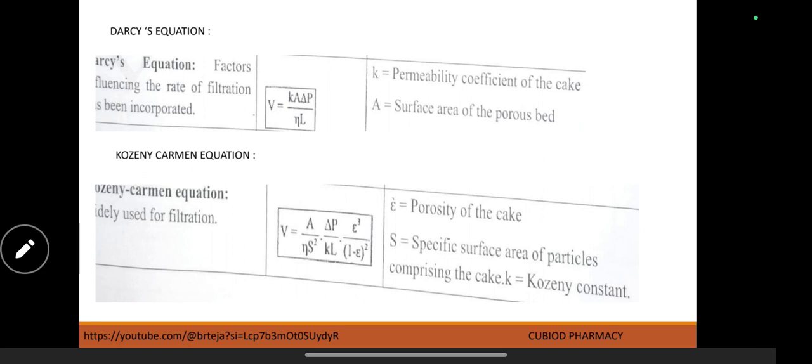V is equal to A by eta S square delta P by K L, into epsilon cube by (1 minus epsilon) square. Epsilon is the porosity of the cake, S is equal to specific surface area of particles comprising the cake, and K is equal to Kozeny constant.